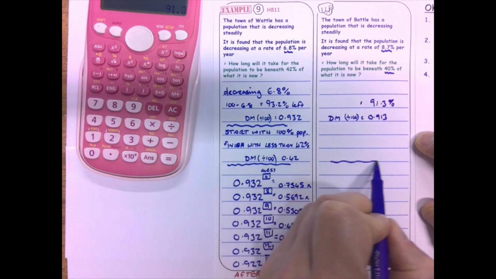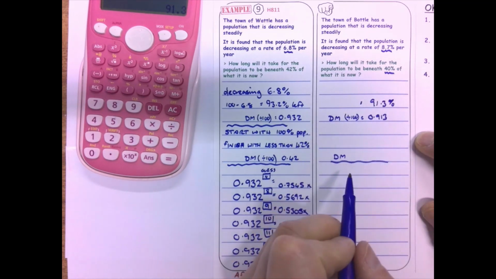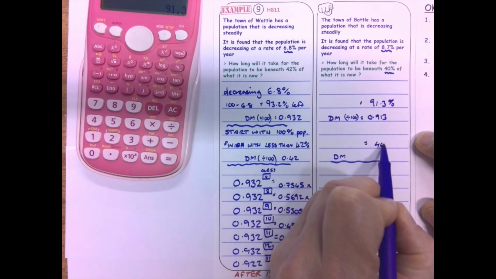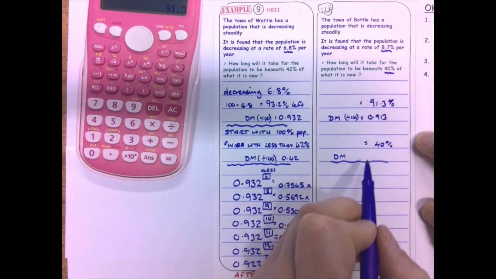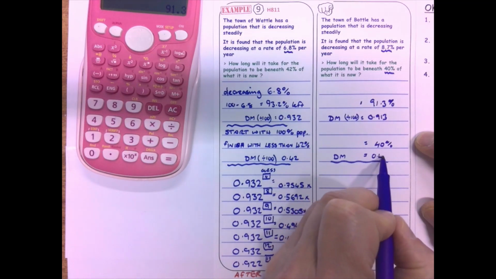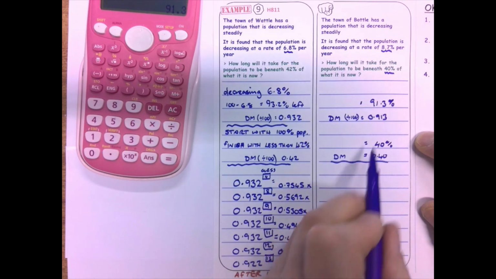and our decimal multiplier here for the number we want to get to was we wanted 40% of the people. So there's a decimal multiplier that's going to be 0.40. So then we're going to have to guess, aren't we?